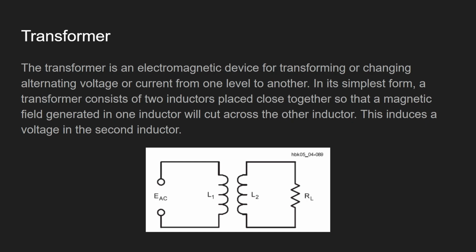Using not Lenz's law, Faraday's law. E field generates B field. B field from here will generate E field, so that the resistance here will have the electricity. It's not important. I've just explained to you already.